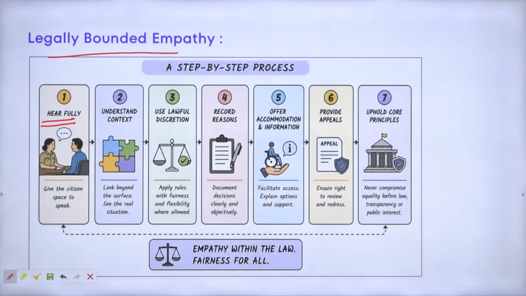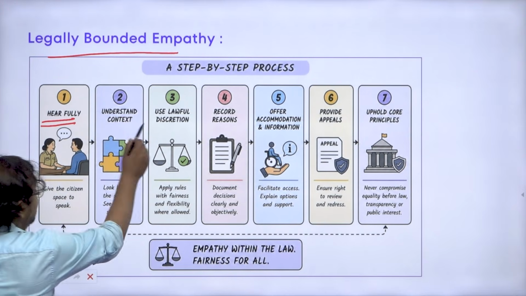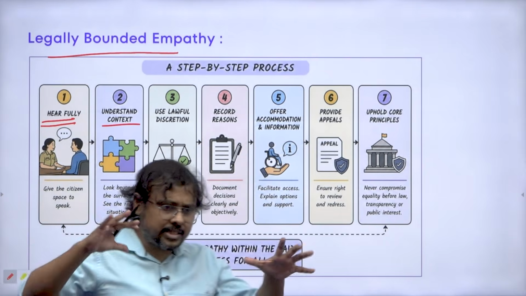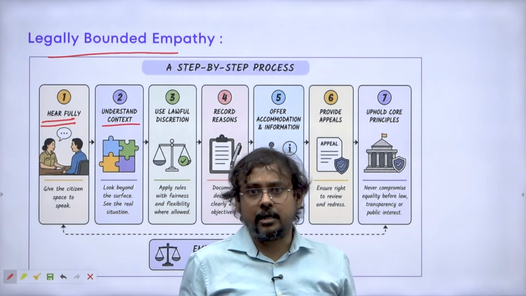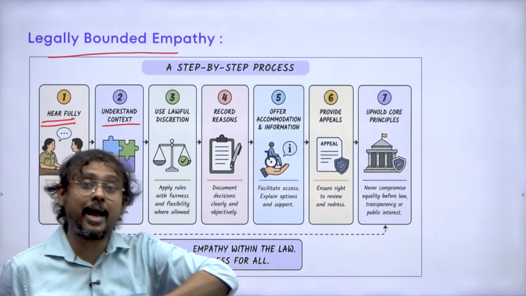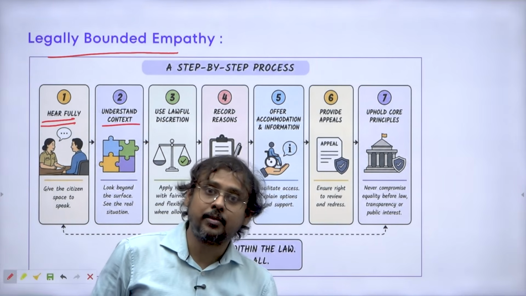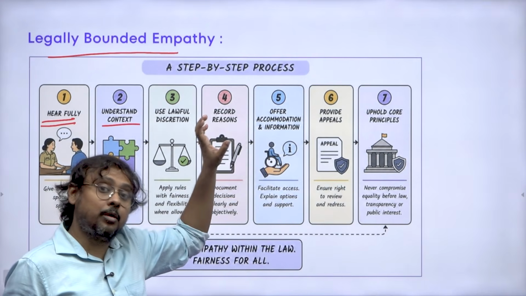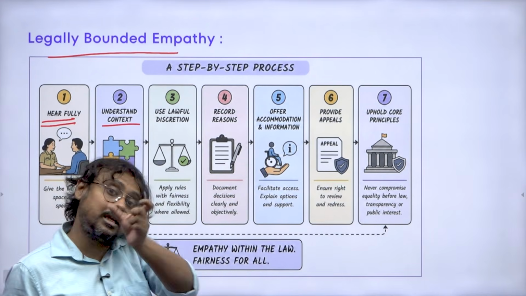Right to speak. Then understand the context of the problem. Don't see it superficially, from the surface level. Understand the genesis of the problem, from where this particular problem emanates. Do you remember, in the definition, the word understand is there?